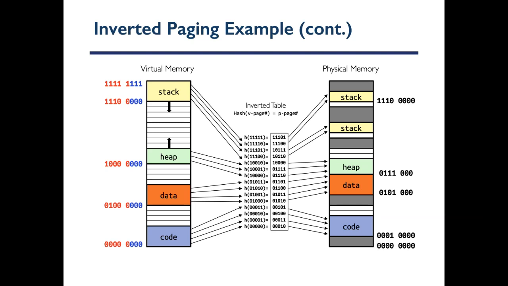So the virtual page is my key, but the number of entries here is as much as we have allocated in physical memory. So in this case, you have more keys than entries. It might be that two keys will match to the same entry.